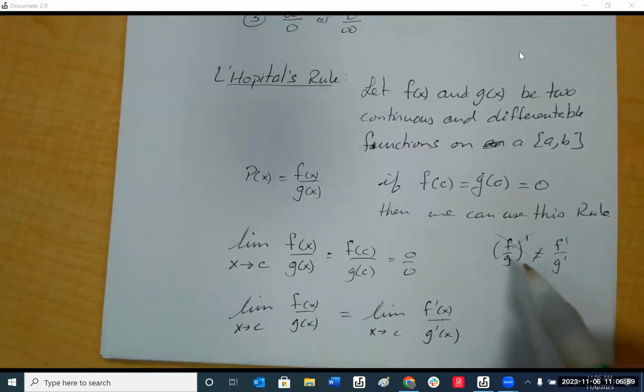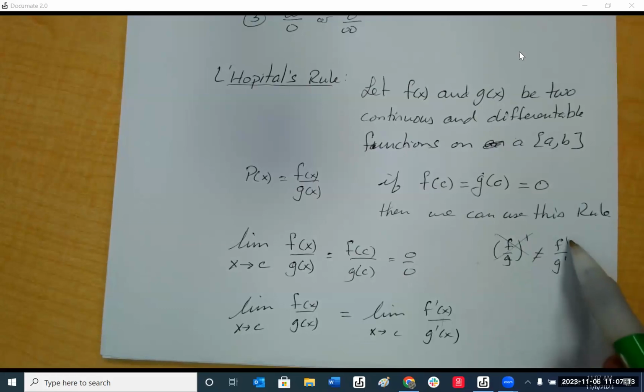No, it's not. Because doing that, we have to use the quotient rule, which is g times f prime minus f times g prime, divided by g squared. This is just f prime over g prime. So it's much simpler than the quotient rule.